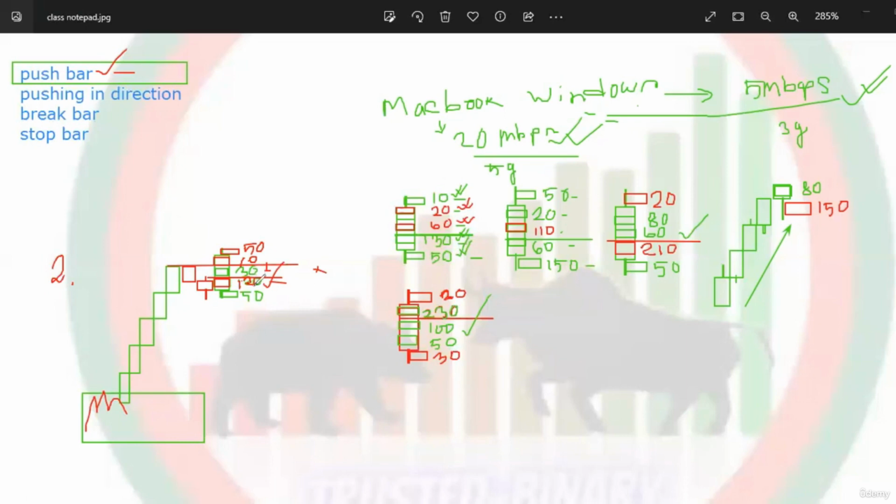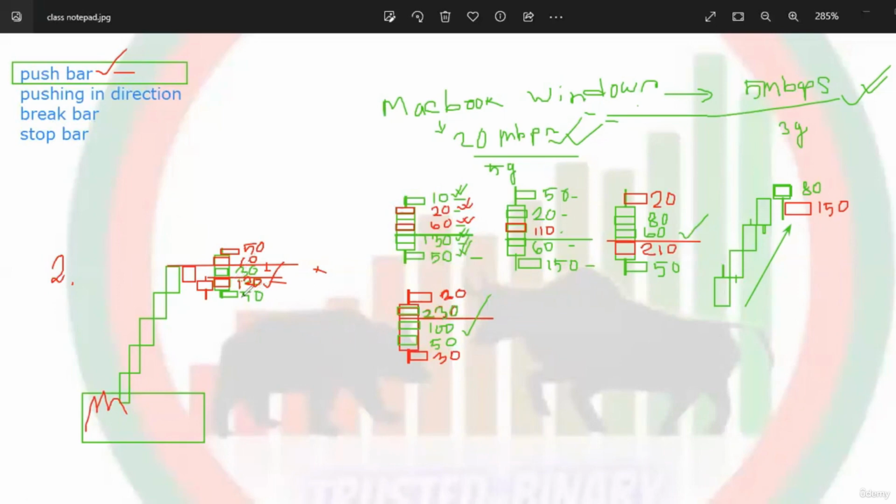Sir, if this red candle's volume were created there as 10 or 50, meaning lower, instead of 120, then we can consider it for upward movement. So we also have to count the overall conditions, the overall volume.